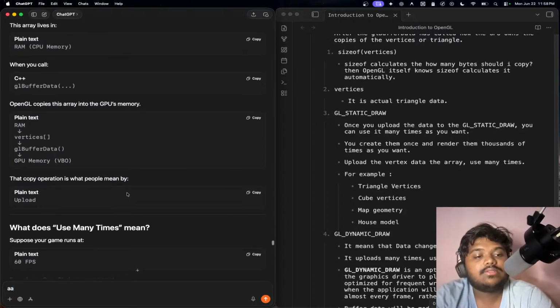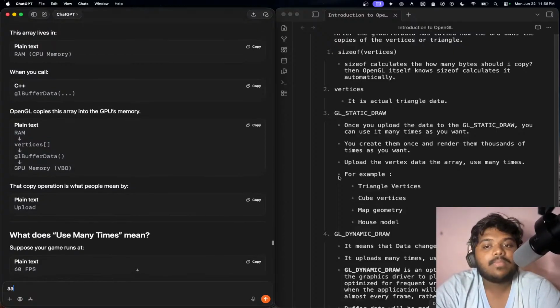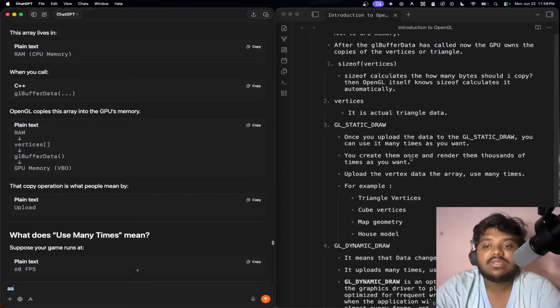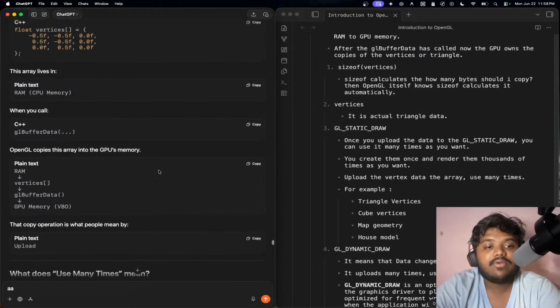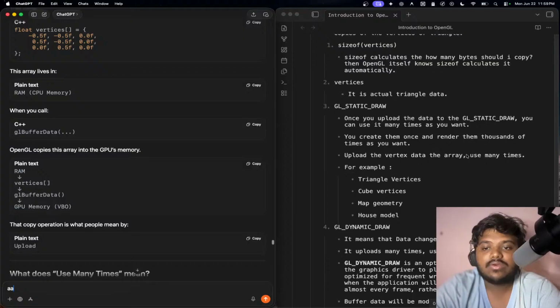And that copy operation is what people mean by upload. So we are kind of copying and pasting the stuff. I kind of get it, and let me write it down in the notes. Upload the vertex data.